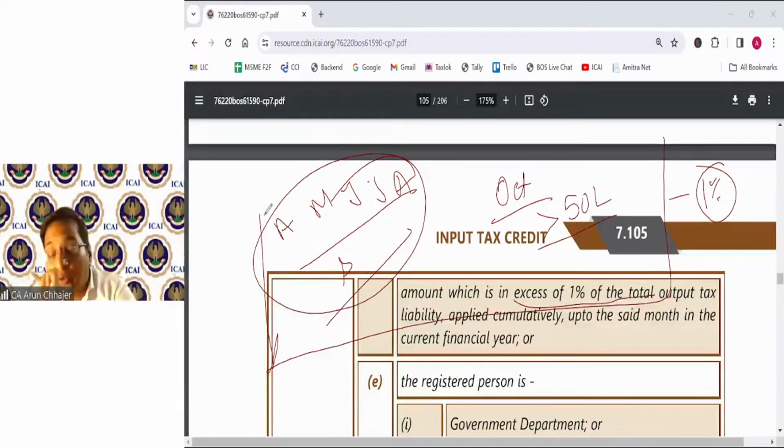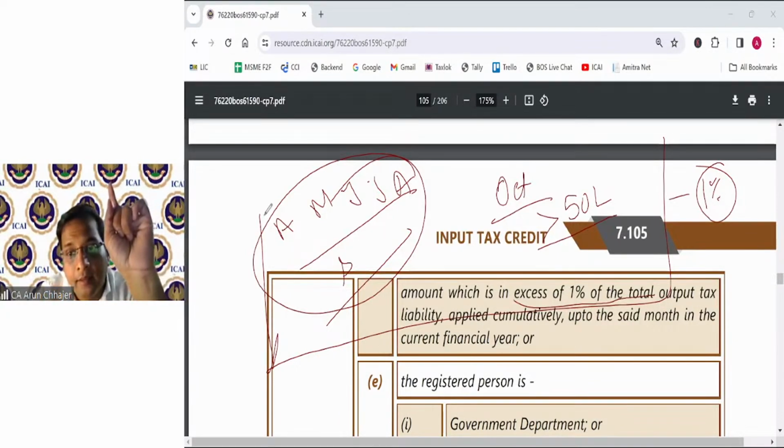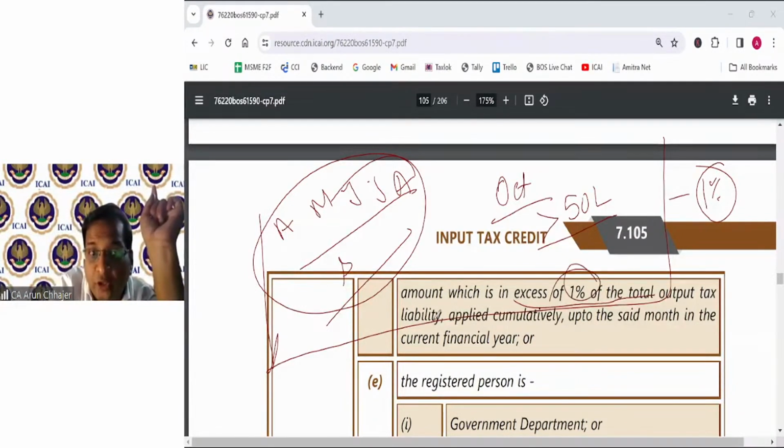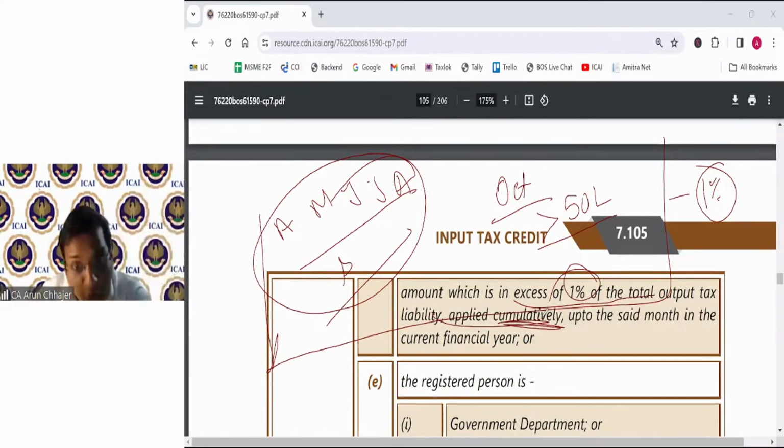If I have already paid 1% in cash cumulatively, then again this provision 86B would not be applicable. Please note, cumulatively up to the current month of the current financial year.